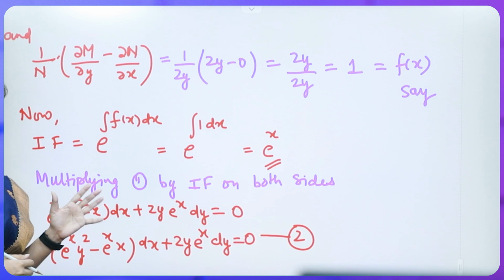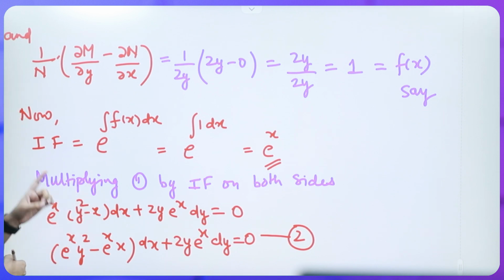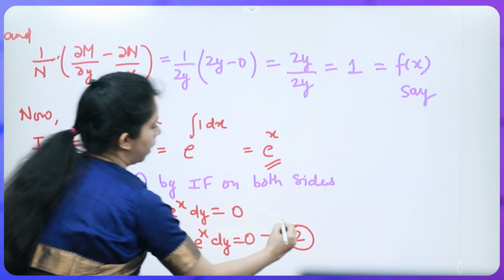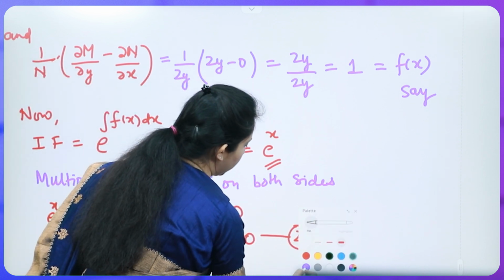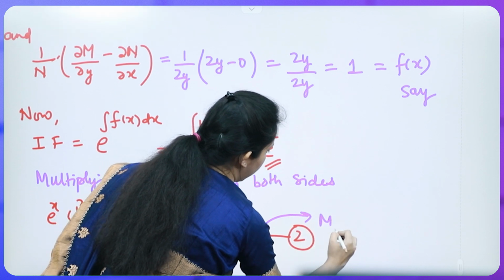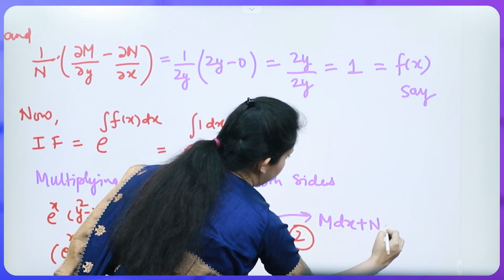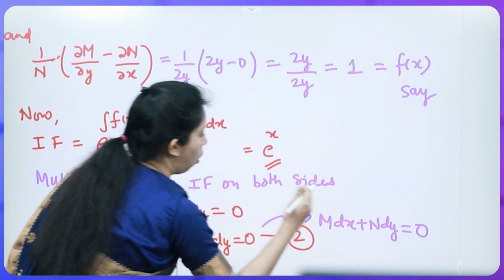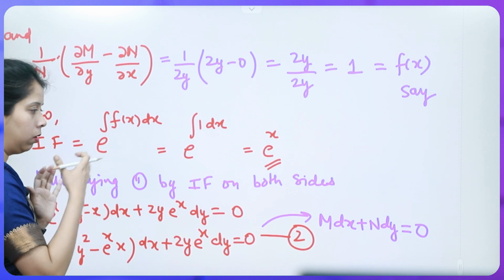Now, equation number 1 is not exact, but by multiplying the integrating factor with equation number 1, we will check whether this new equation, that is equation number 2, is exact or not by the same method. So, now we will again compare it with the standard equation, M dx + N dy = 0.